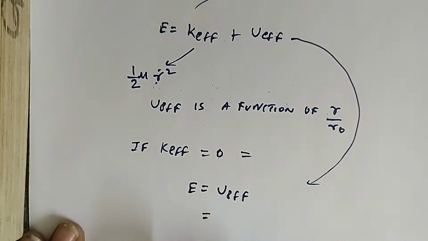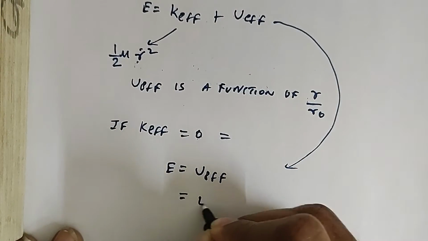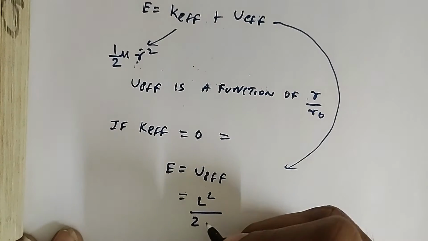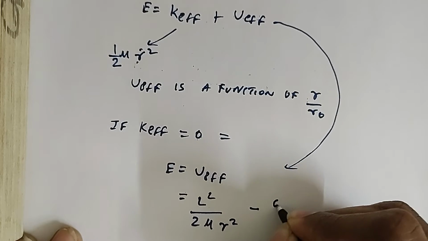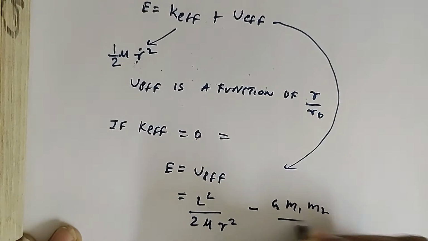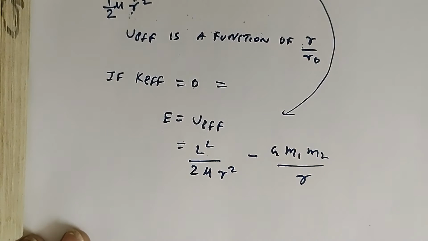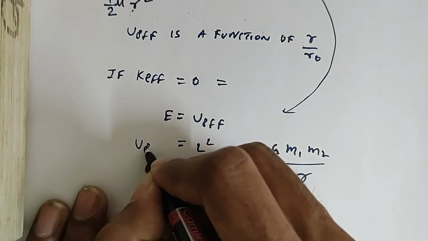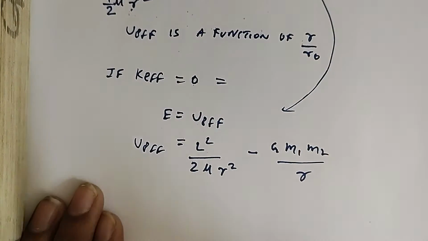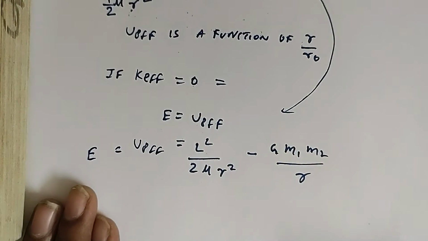I know my effective potential term, which is given by L squared upon 2 mu r squared minus G m1 m2 upon r. That's great. This is my total mechanical energy, which is equal to my U effective.